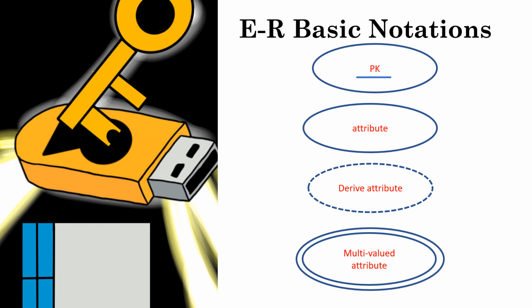An attribute that can hold multiple values is known as a multi-valued attribute. It is represented with double ovals in the ER diagrams.